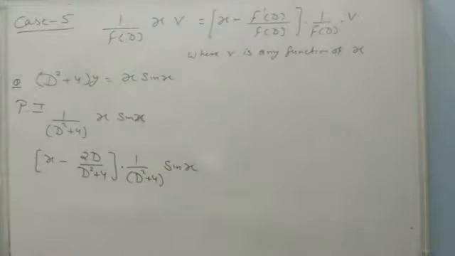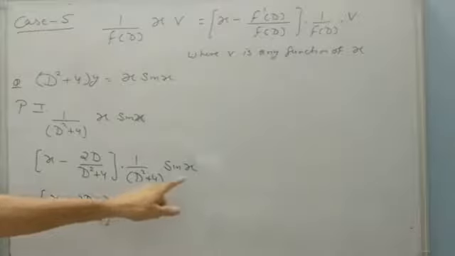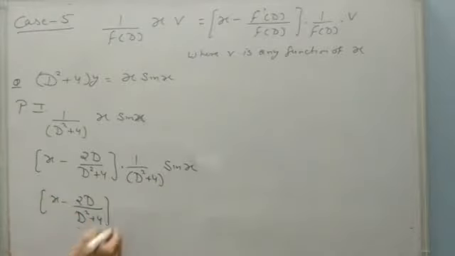Now first we solve this one part, take it as it is, 2d upon d square plus 4 as it is. First solve it by putting coefficient of x as 1. By putting here I will get 1 by 3 sin x.